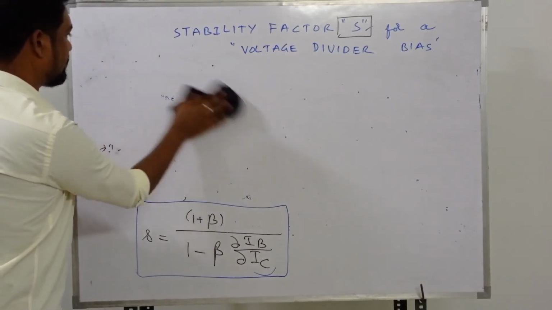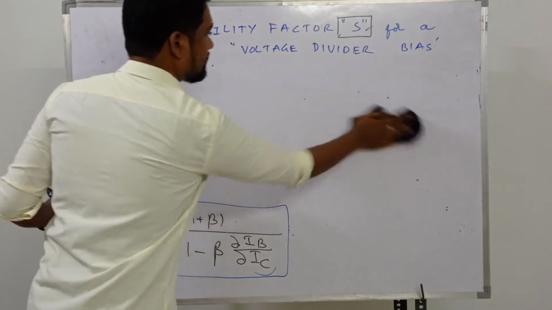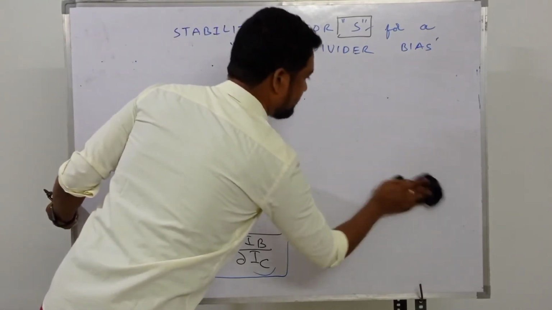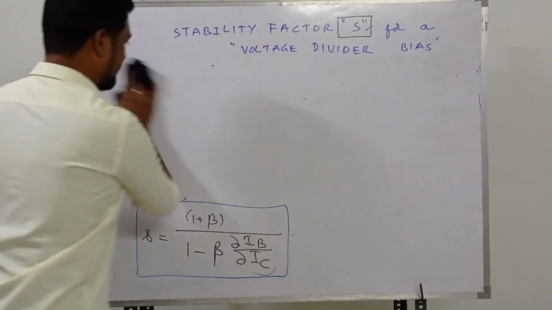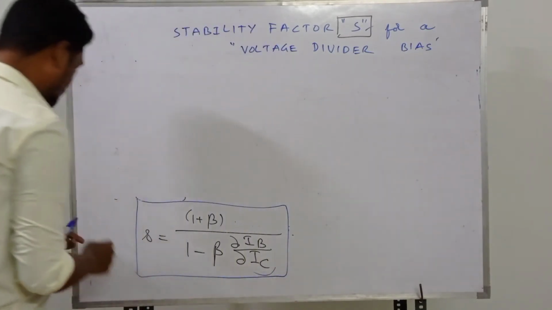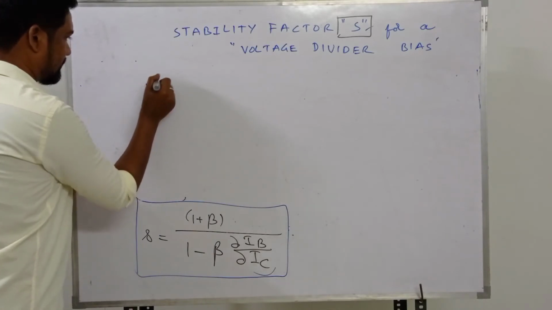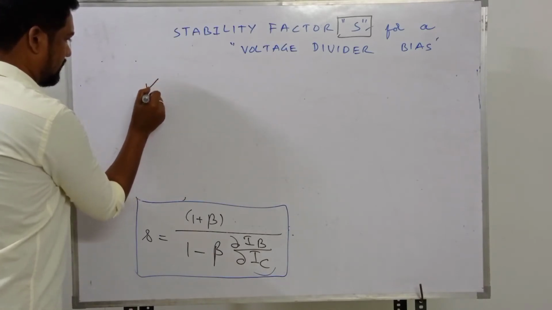With this equation we have to draw the picture of the voltage divider bias circuit, right? Voltage divider bias circuit, and then we can derive the expression for the stability factor S, right? We have to start from the transistor here, very precisely.